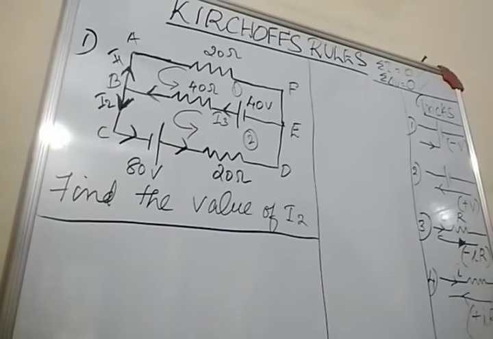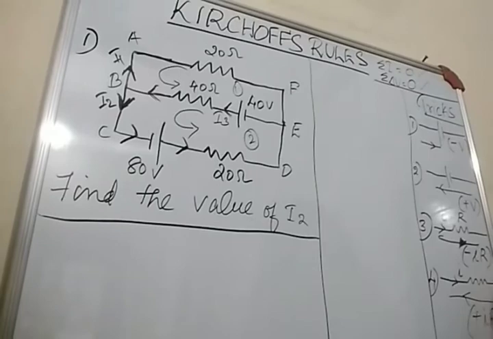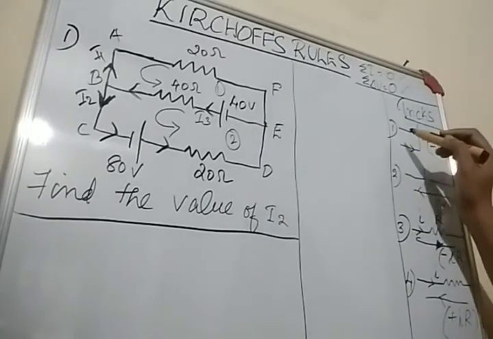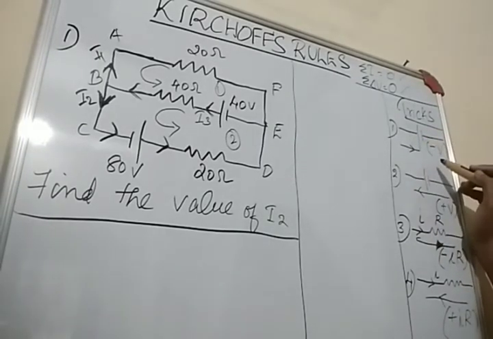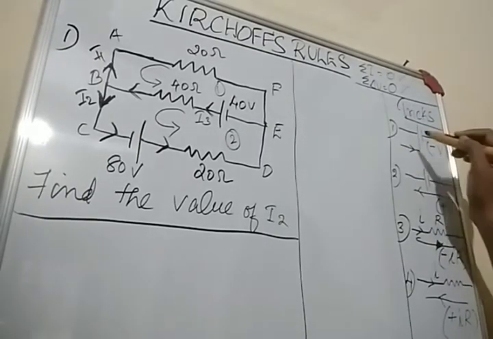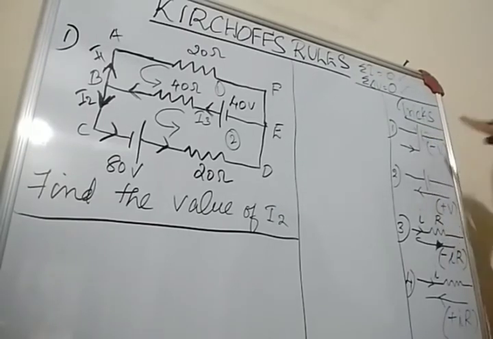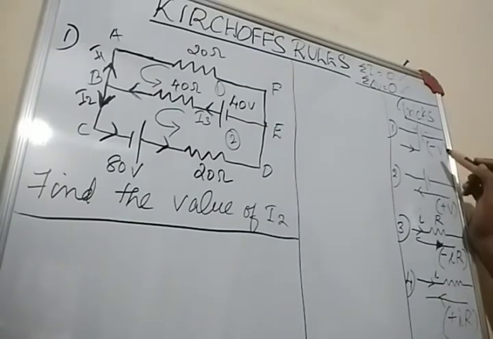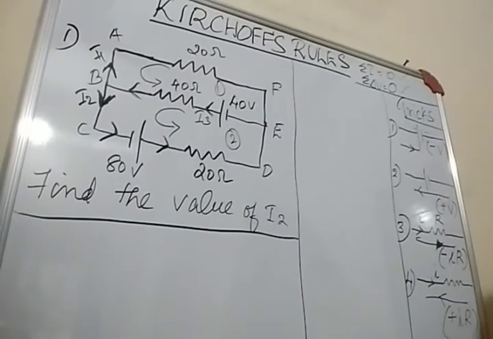But before moving to the numerical part, you must be aware of some tricks that will be helpful for you to solve these problems. This is trick number 1. If you are moving through the loop in this direction, and while moving you go from the positive to the negative terminal of the cell, then we consider the potential as negative.